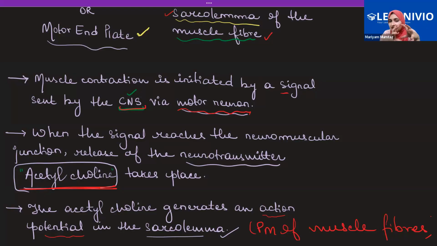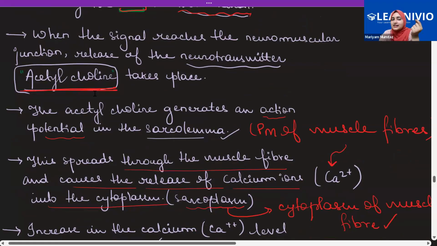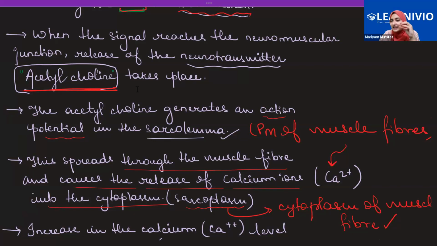When that signal coming from the brain reaches the neuromuscular junction, a neurotransmitter called acetylcholine will be released. Now you remember acetylcholine? The end portions of the neuron release this neurotransmitter. If you remember that chapter, control and coordination, class 10th.